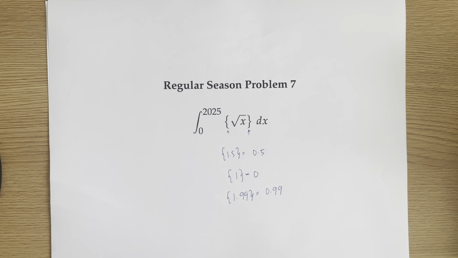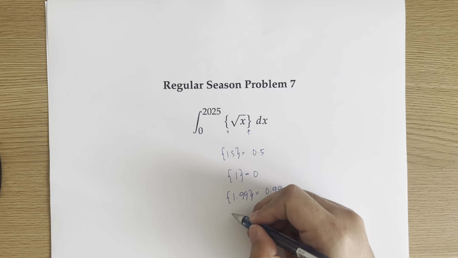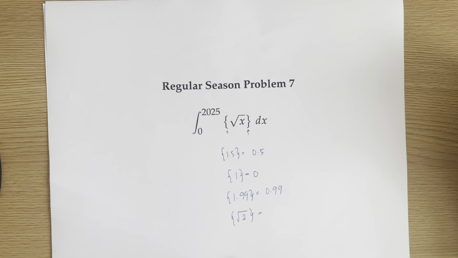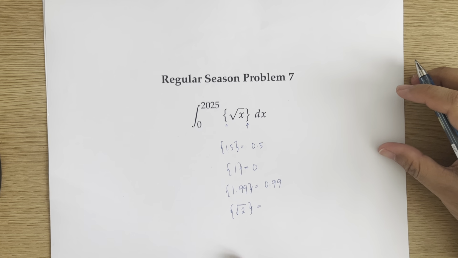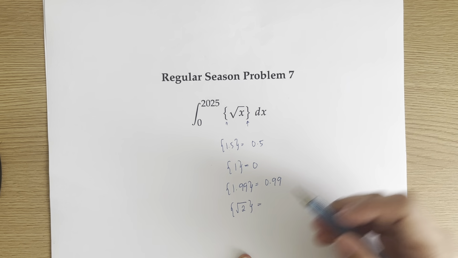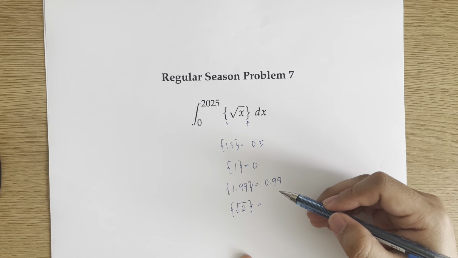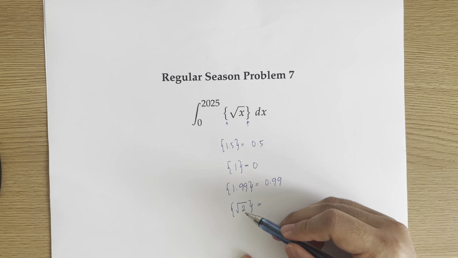How about square roots? For example, the fractional part of square root of 2 can be obtained by deducting the closest integer below square root of 2, which is 1.